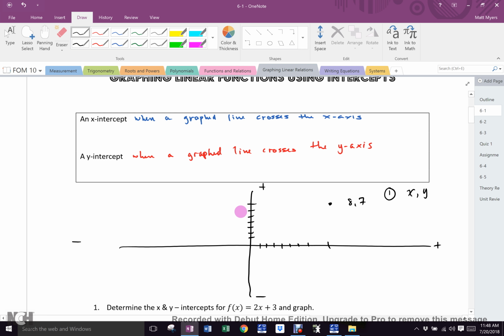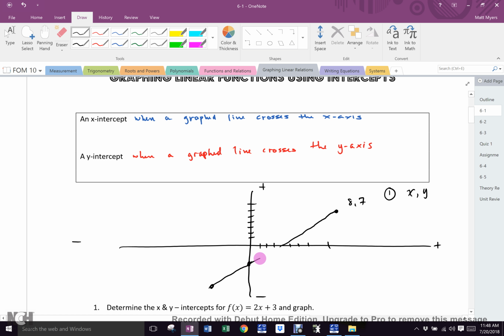Okay, now, if I take this line and I draw it down to here, 8, 7, right? What did I just make there and there? An x and a y intercept, right? Now, I did the colors backwards. The x-intercept is supposed to be blue.